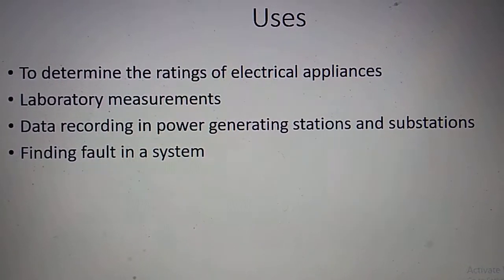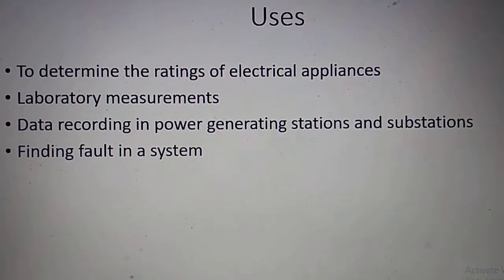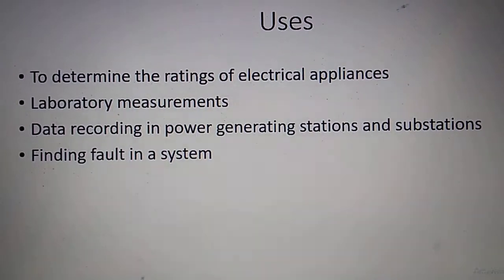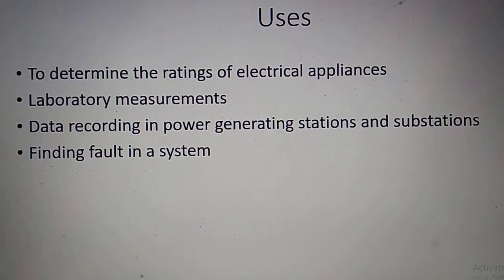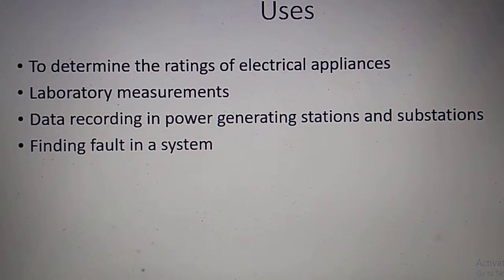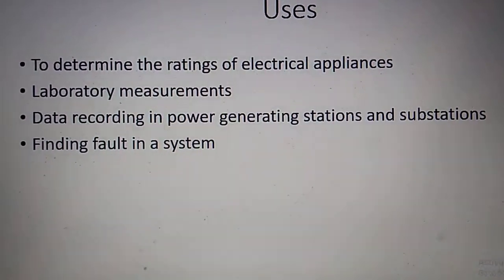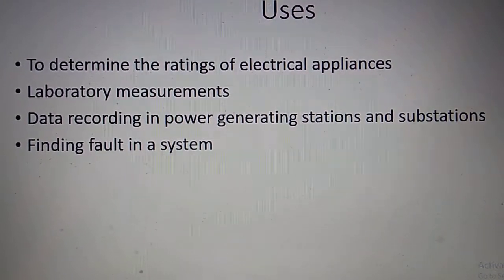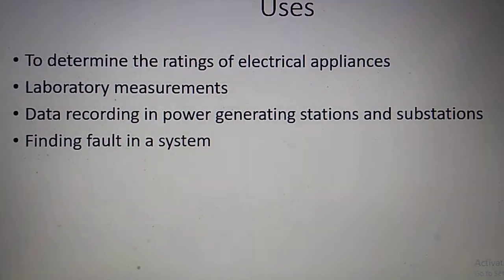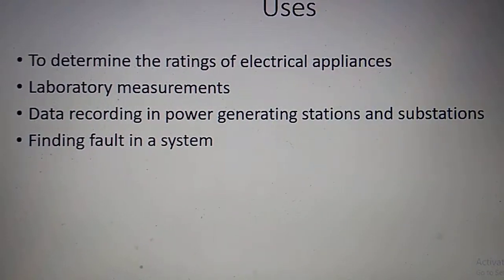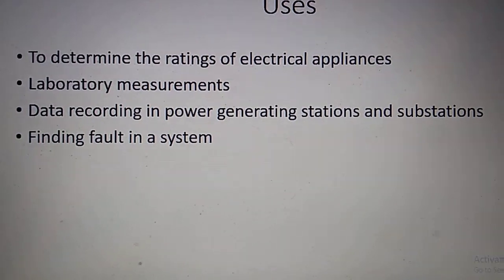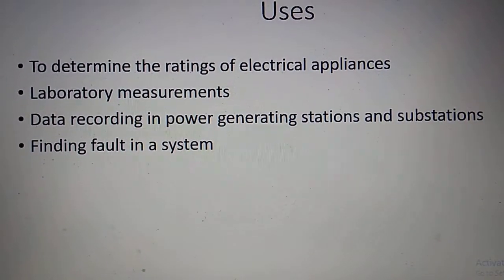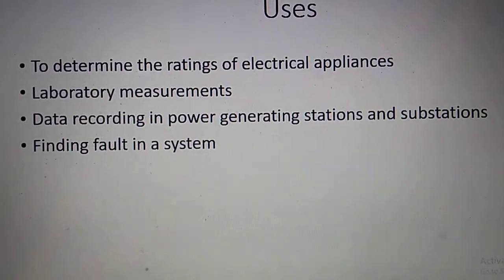We use them to find what voltage or what current is being generated, and we compare that voltage or current with the proper voltage or current that we may get from that system. If the voltage or current rating is more or less than the signified voltage or current, then there will be a fault in the system. So finding fault in the system is another use.